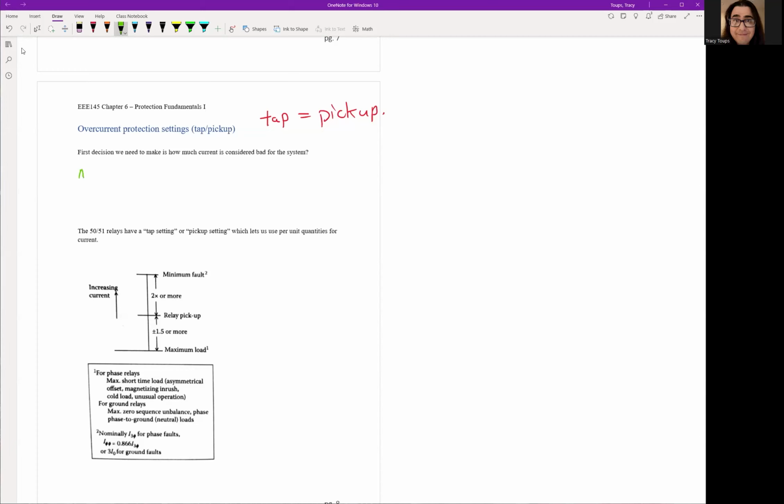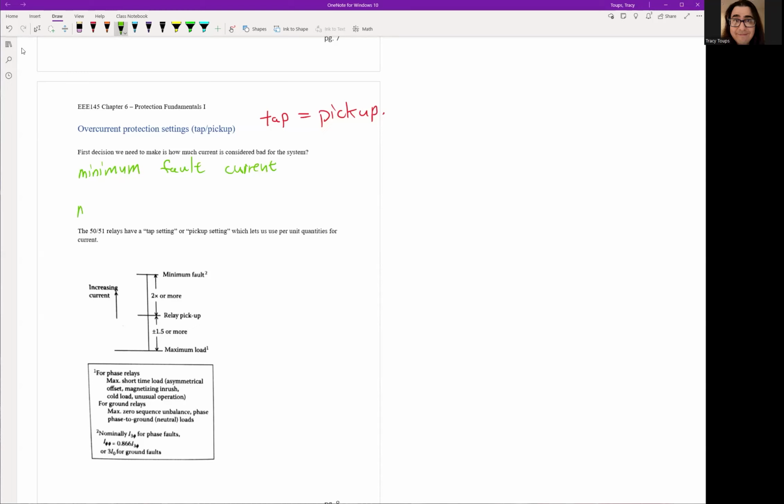We need to know the minimum fault level, fault current. Okay. So when we do our system study, what's the lowest amount of current we will see that's considered a fault on our system? So we need to make sure the relay can pick up that minimum level fault current.